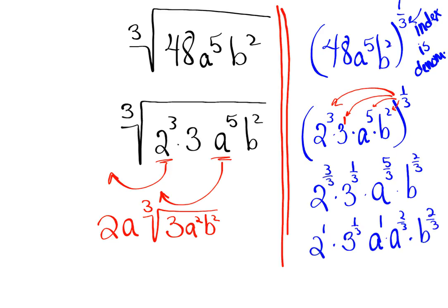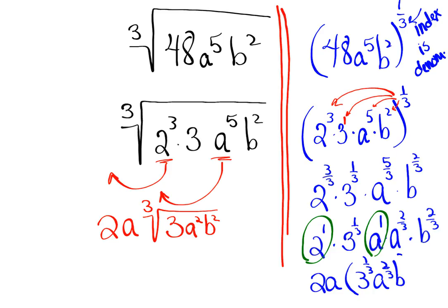I'm going to take those things that have whole numbers. So this is now 2a, and what's left is 3 to the 1/3, a to the 2/3, and b to the 2/3.